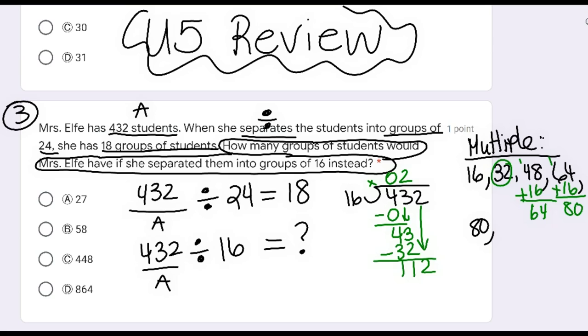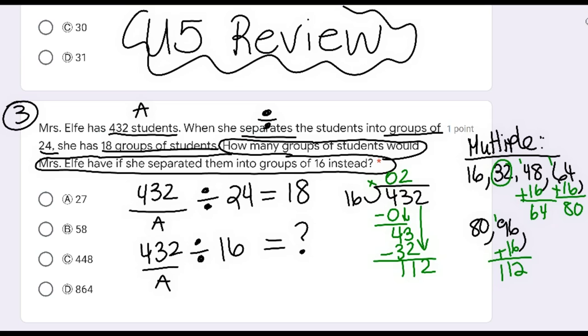Okay, here's a time where I go ahead and add more of my 16 multiples so I can get a number that's close to 112, if not 112. So the next number after 80 would be 96, because I'm just adding 16 to 80. And let's see what would be the next one after that. If I add 16 to 96, that is going to give me 112.